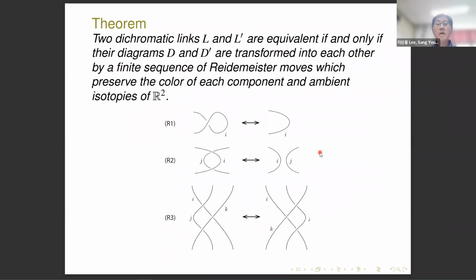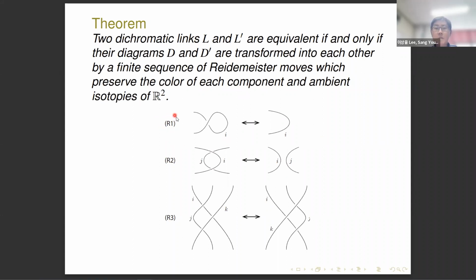Two dichromatic links L and L prime are equivalent if and only if their diagrams D and D prime are transformed into each other by a finite sequence of Reidemeister moves, which preserve the color of each component, and ambient isotopies of the plane.